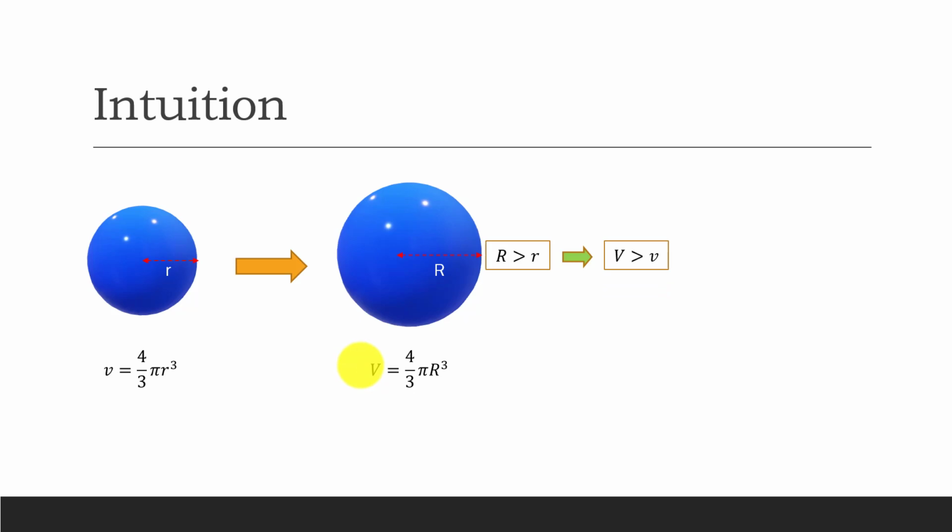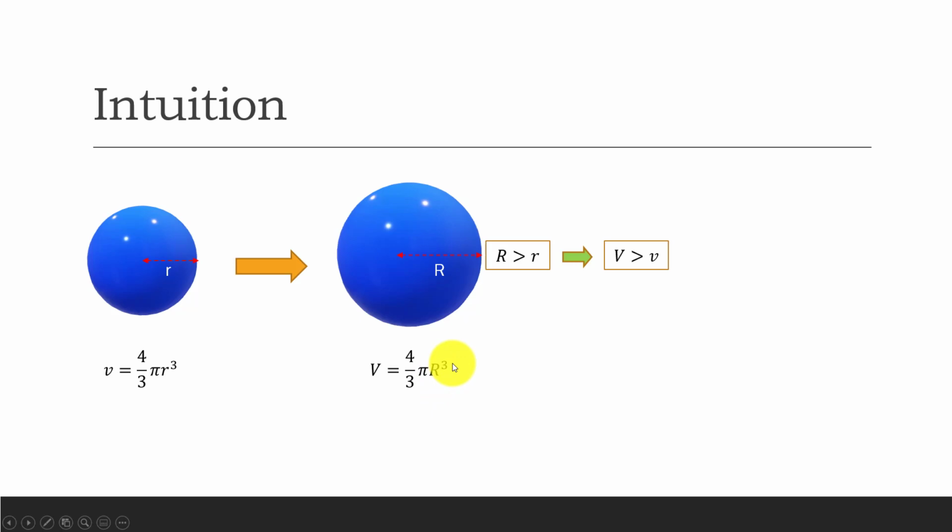So what we can deduce is, if we make the radius bigger and bigger, the volume will also become bigger and bigger, because we are dealing with positive real numbers, right?